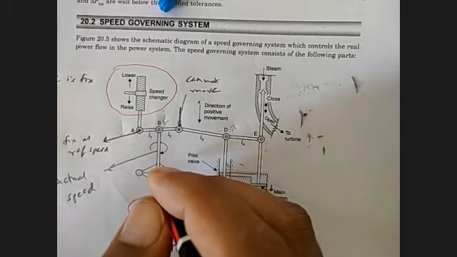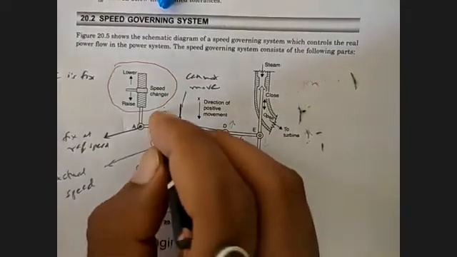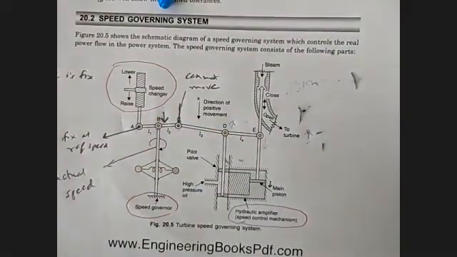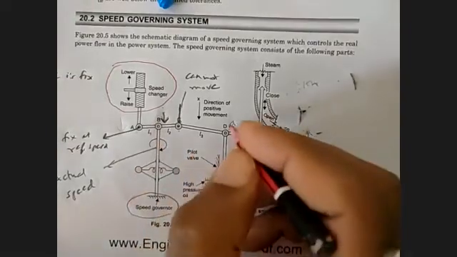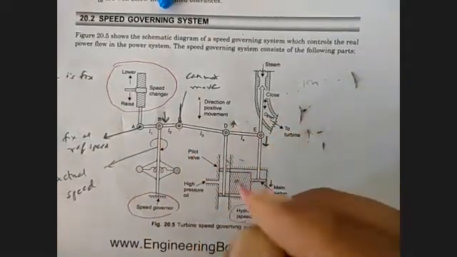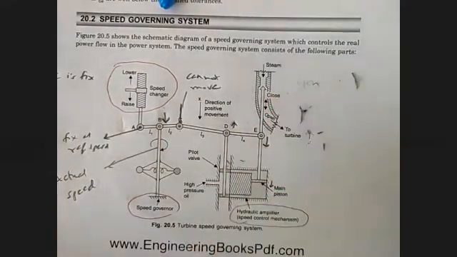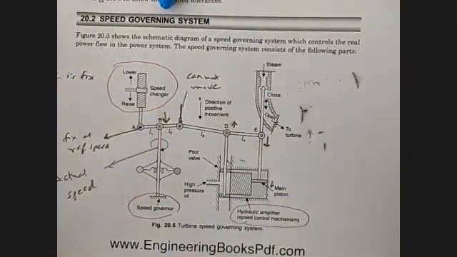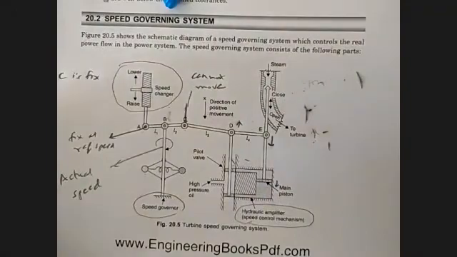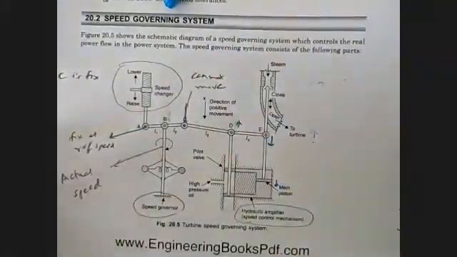And due to this reduction in the speed, this point B will again move downwards, and then again this D point will move upward, and due to this E point will move downwards, and speed of this turbine will increase.